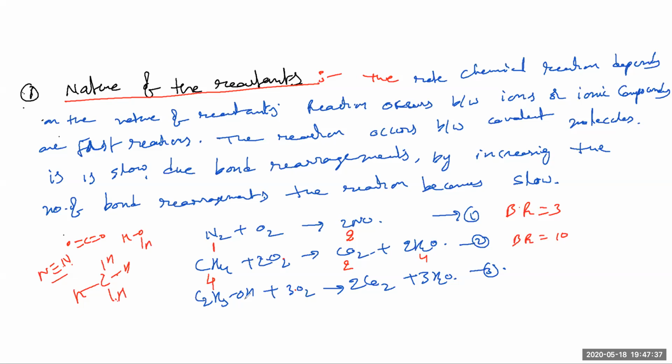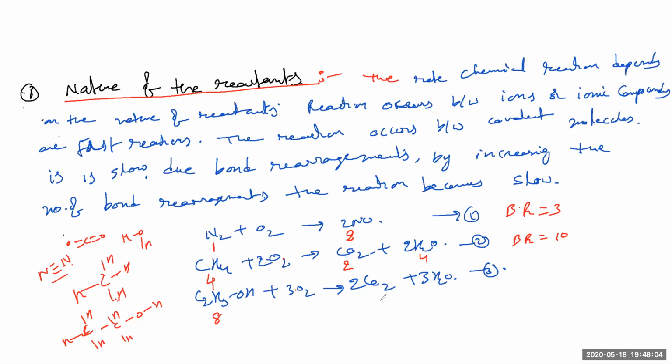Next, ethyl alcohol. What is ethyl alcohol? See this. How many bonds here? 1, 2, 3, 4, 5, 6, 7, 8. 8 bonds in C2H5OH.